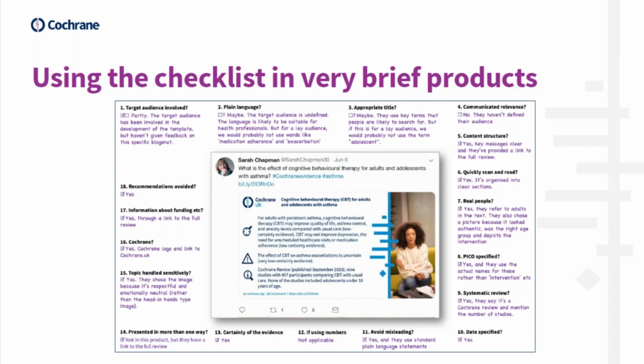And it is possible to meet all of the requirements in the checklist. So this is a tweet of a blog shot. And it is possible to meet the checklist requirements through the use of links, but we're not saying that you should always use brief products. Obviously, you're very, very welcome to make much longer products also.